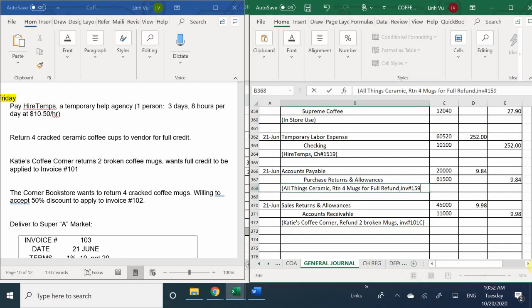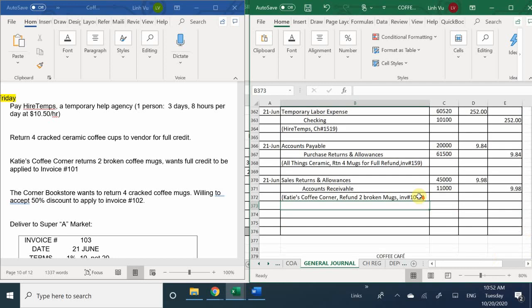And I forgot to finish the last one here, invoice number 159 for the previous one. Okay, so here we completed our journal.